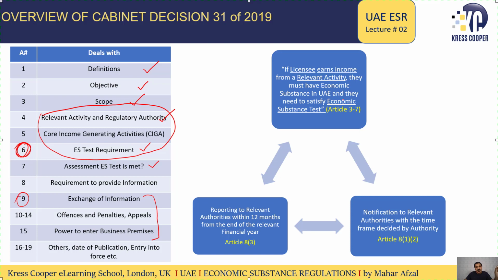And they are required to do some sort of notification to the relevant authority, and annual reporting is required as well. So these are 3 keywords. We need to understand what is licensee, what is relevant activity, and how they can satisfy the economic substance test.